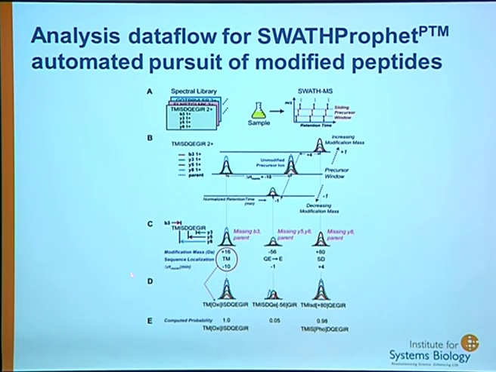And so with SWATH-Prophet, we call it SWATH-Prophet PTM because it has this post-translational modification capability. What it can do is look in a kind of focused mode, where you know the sequence that can be localized contains a methionine and it's plus 16 and has a delta retention time in a particular range. And we can be fairly certain this is an oxidized methionine.